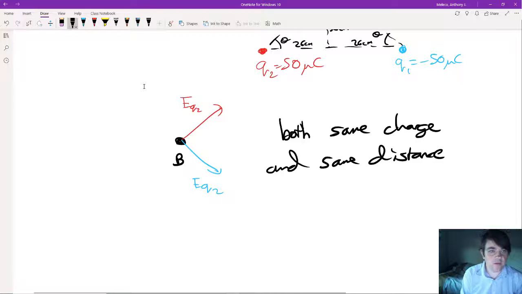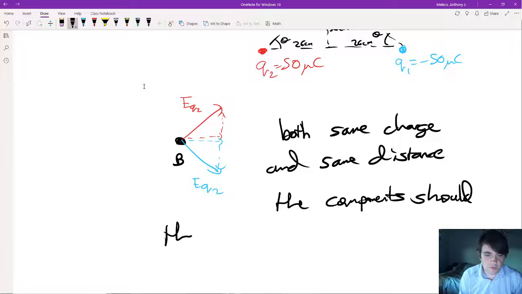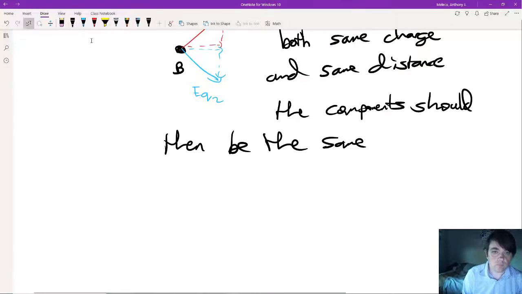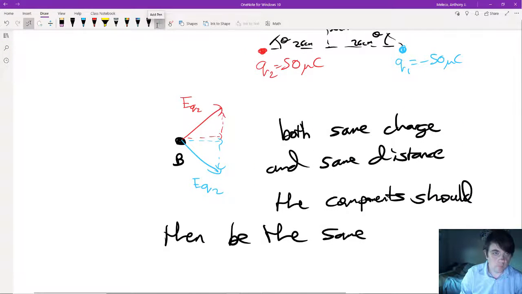And what happens is, check this out. You've got these components. So the components should then be the same. In other words, whoops, they're not both Q2. This guy was Q1.